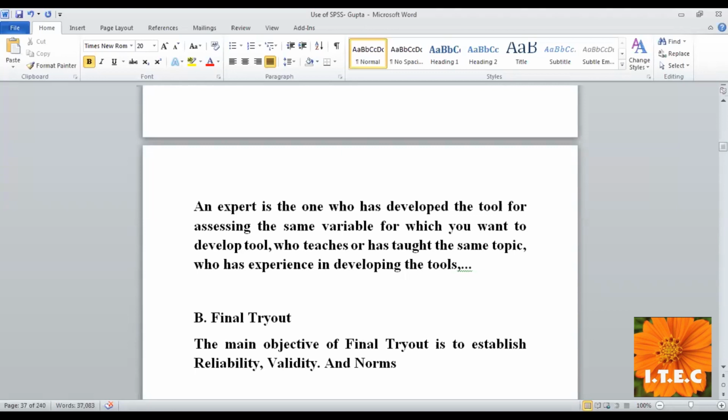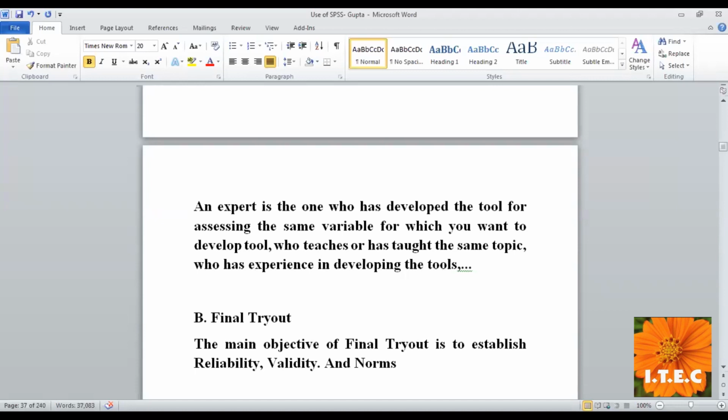And if you also agree with the modification, then you can modify the item as per his suggestion. Even if one expert has given the suggestion, no problem at all. So like this, you have to go through each and every item, see the responses given by the experts and take the decision accordingly.